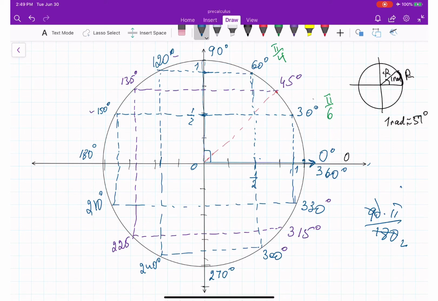Pi over 2. Oops, I'm sorry, pi over 4 comes here. All right, I'll put 60 in a minute. Pi over 2. And 60. So 60 divided by 180 is going to be pi over 3.